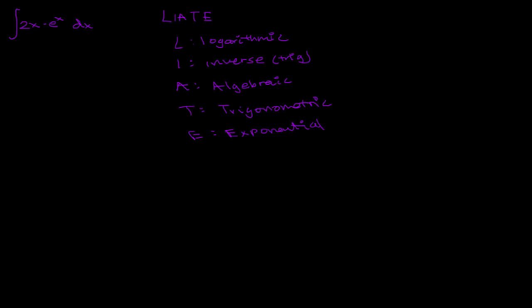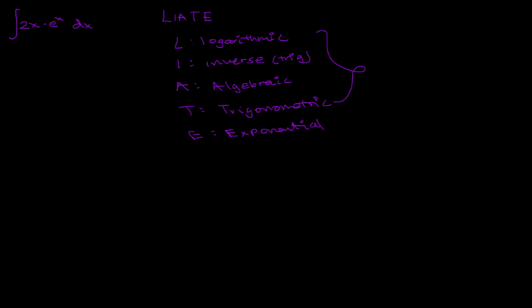Typically what we do is we take a look at the integral we have to evaluate, and then we look at the two functions involved. In this case it's 2x and e to the power x. So we look at this order from top to bottom.